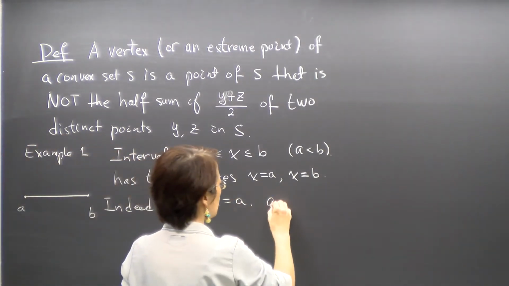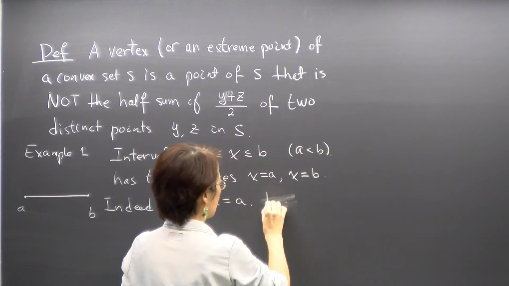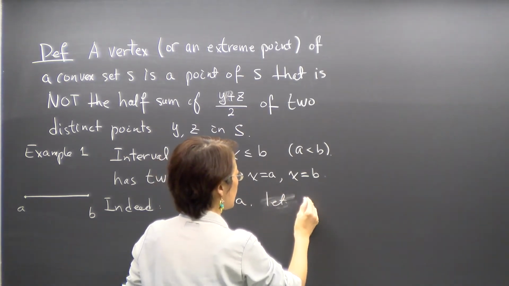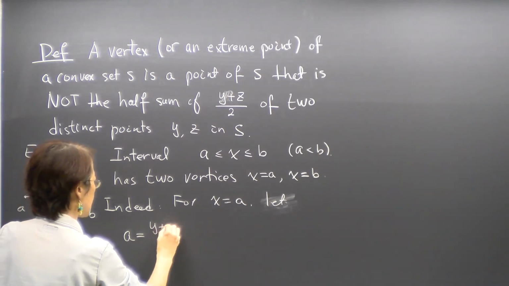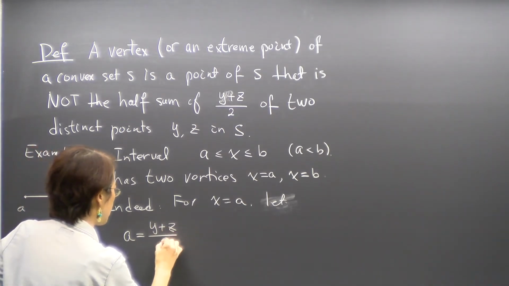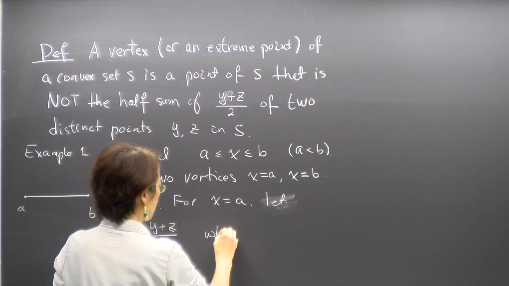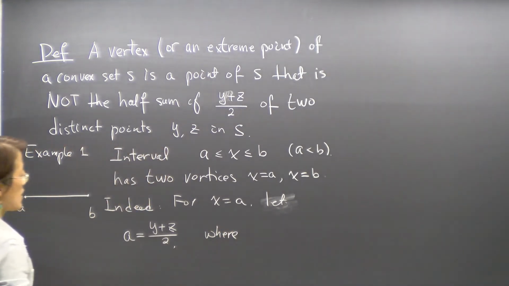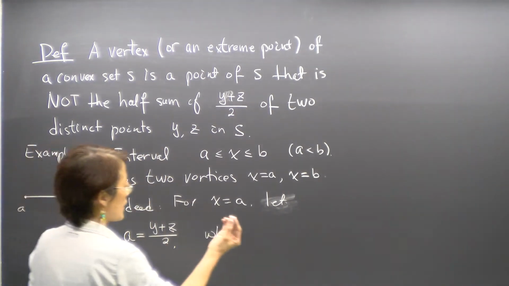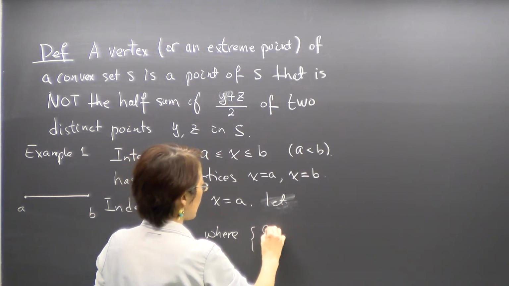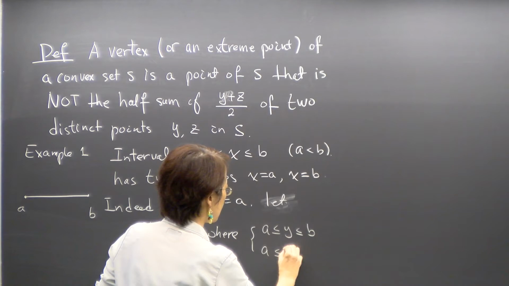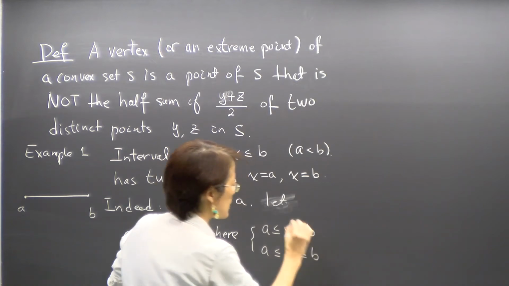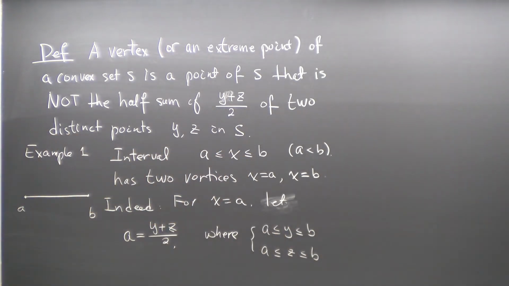OK, so let's say a equals (y plus z)/2, a midpoint, where y and z are both in my set, meaning a is less than y less than b, and z is between a and b, and so is y.